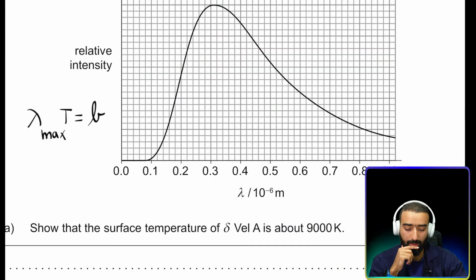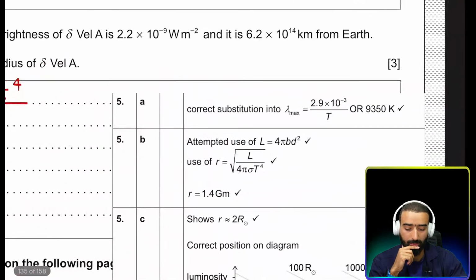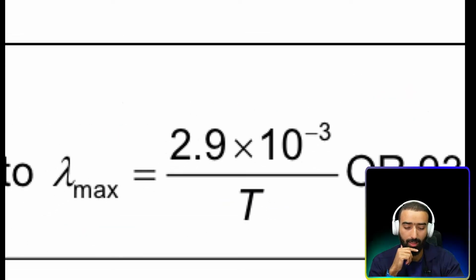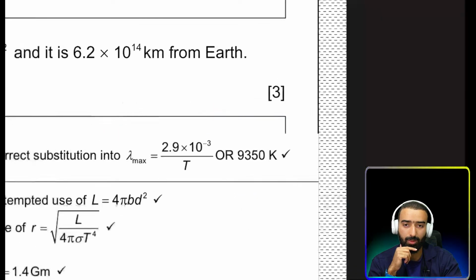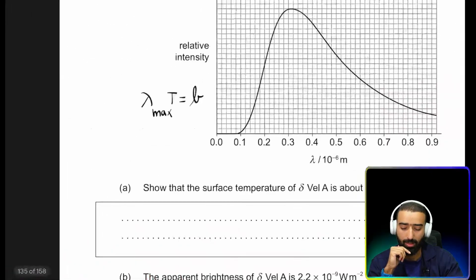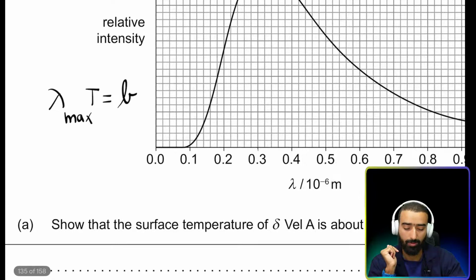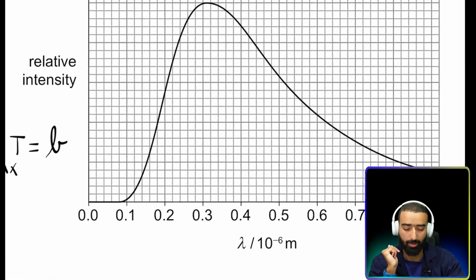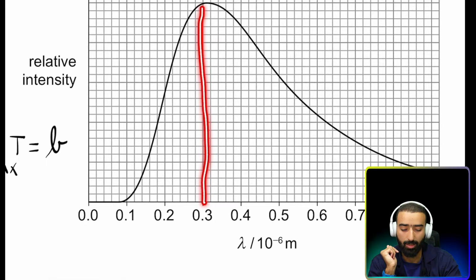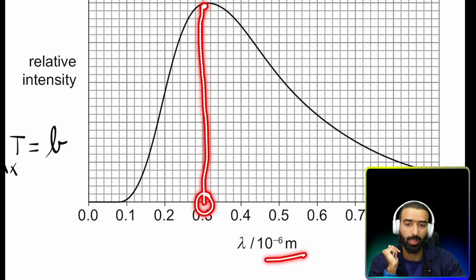The constant is given here, 2.9 into 10 to the minus 3. So that's what we are going to use here. Lambda max times T equals this constant. How do I find lambda max? Well, we simply read it off from here. This is the peak wavelength, 0.6 into 10 to the minus 6.